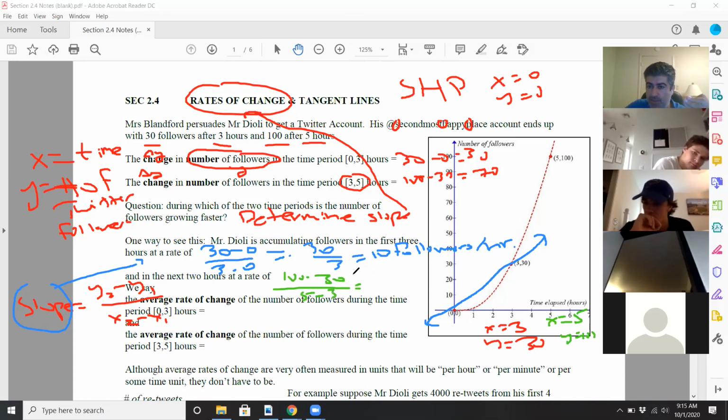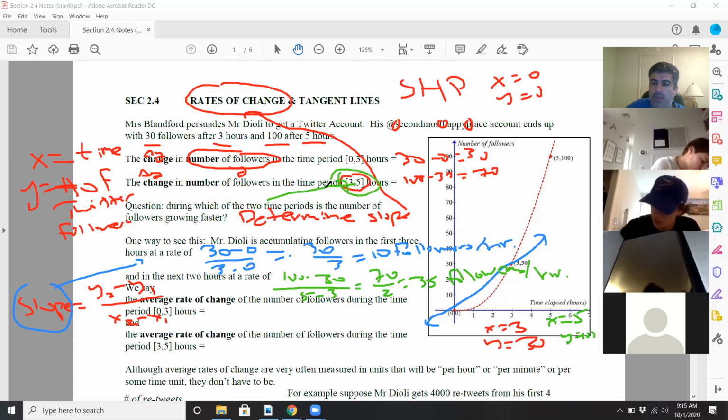The change was 70 over 2 hours, or 35 followers per hour. So it's pretty clear which time period grew the fastest: 3 to 5. 3 to 5 had a faster change than from 0 to 3 hours.